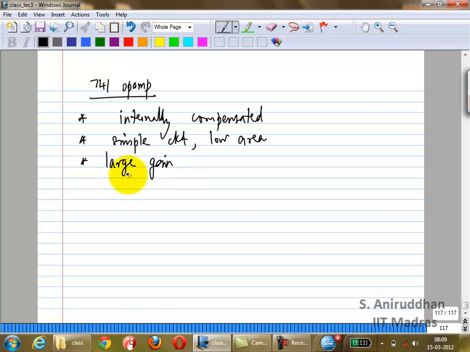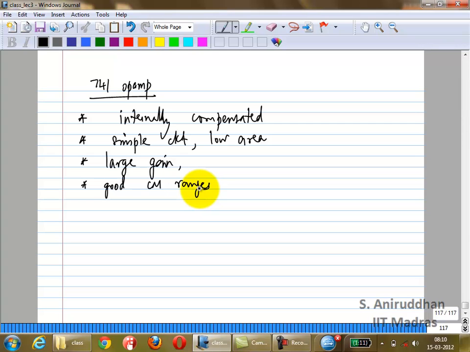Now because it's a general purpose op-amp, you want it to have a very large gain, so that your DC error is small and so on, right? You want it to have very good common mode ranges. These are all standard things.